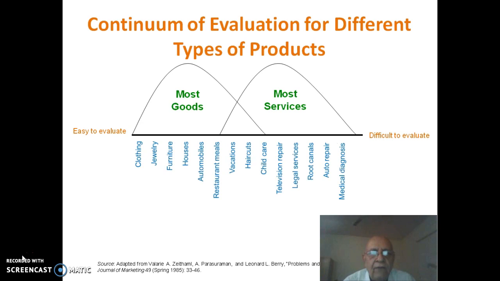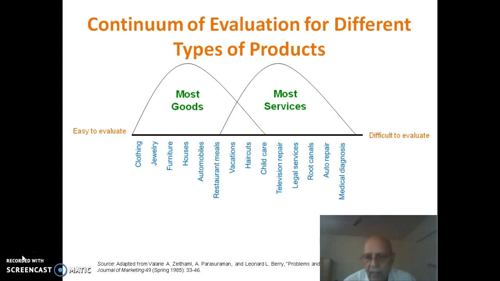Now, we have picked certain standard goods and services, both of them are products, and we have put them on the scale over here. Okay, it's starting with clothing, and it ends over here with medical diagnosis, which is an extremely high end of services.